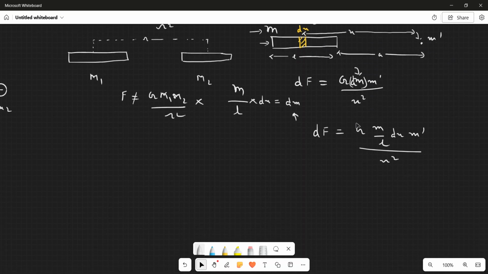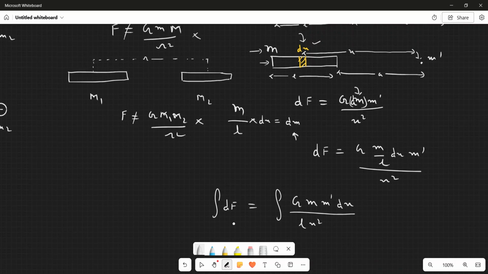Now we have to integrate it in order to get the entire force existing between the rod and the small particle. If we integrate this dF, we have to integrate the right hand side also. Right hand side is this one, m by L dx over x square. And we have to integrate it over the length, so our limit will be x equal to a to x equal to a plus L. Why?